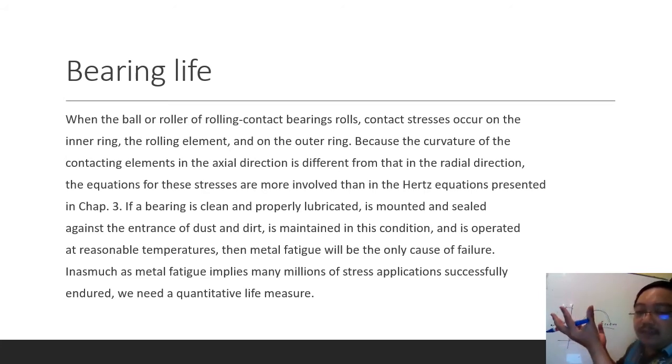You must open the casing, then you will see the bearing. So it is a rare and seldom operation. This is why we have to do the bearing life: we predict when the bearing will be damaged and we replace it accordingly.